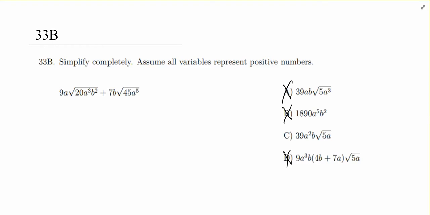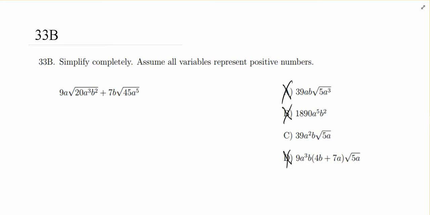I should get the same answer if I plug it into the original as I do if I plug it into the answer that I give. Those two expressions should be equivalent. So if C is the correct answer, then any value for a and b that I plug into 39a squared b square root 5a should give me the same number as if I plug that same a and b into the original problem. That's the idea.